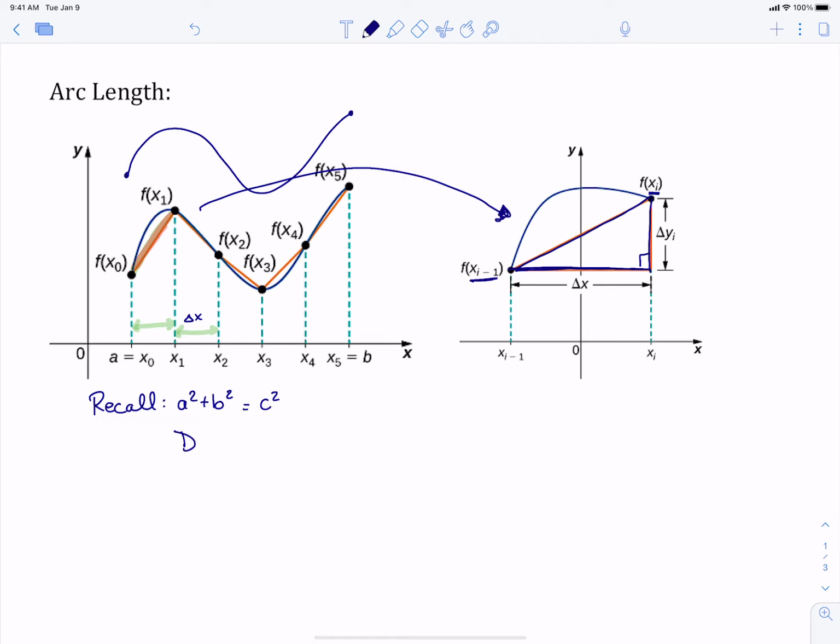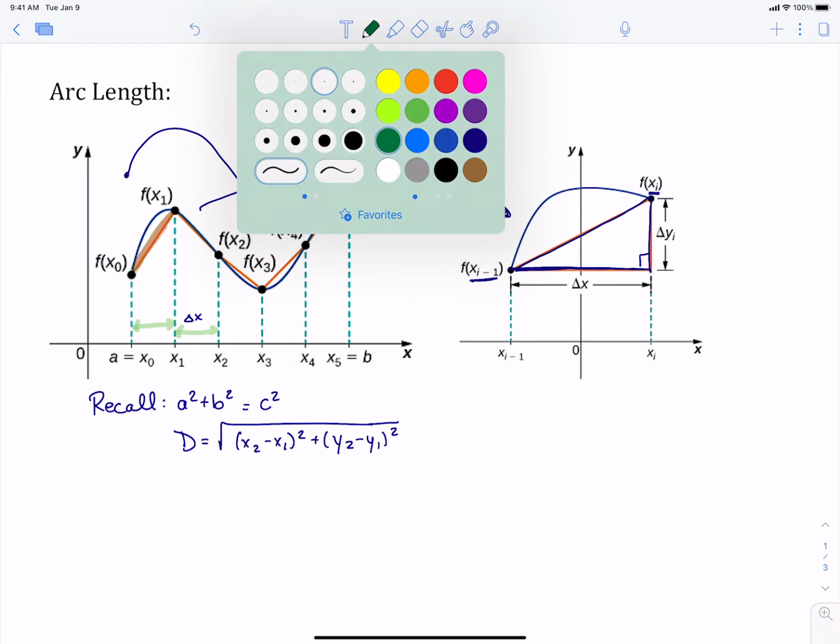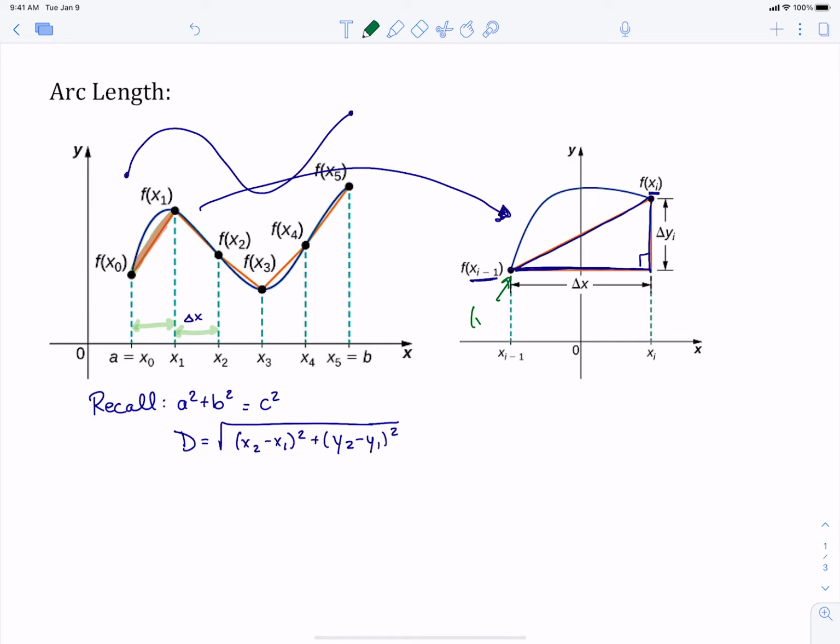This leads us to our distance formula. If we're looking at the distance between 2 points in the plane, here's the distance formula. I never make my square roots long enough. This point is, say, our x1, y1, and this point right here is our x2, y2.